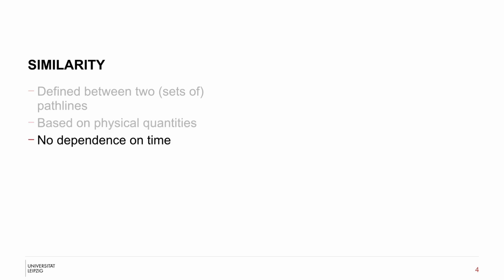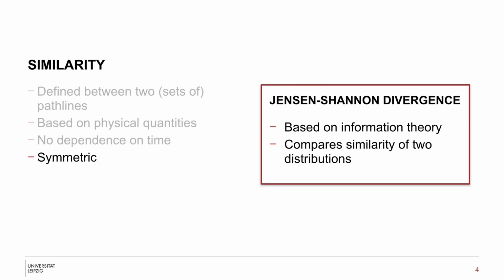Also, it should not depend on time, meaning that the similarity should not be affected by when two tracer particles exhibit similar physical quantities, as long as they do. Also, it should be symmetric. We found the Jensen-Shannon divergence to be suitable for this task. It is based on information theory and compares the similarity between two distributions.